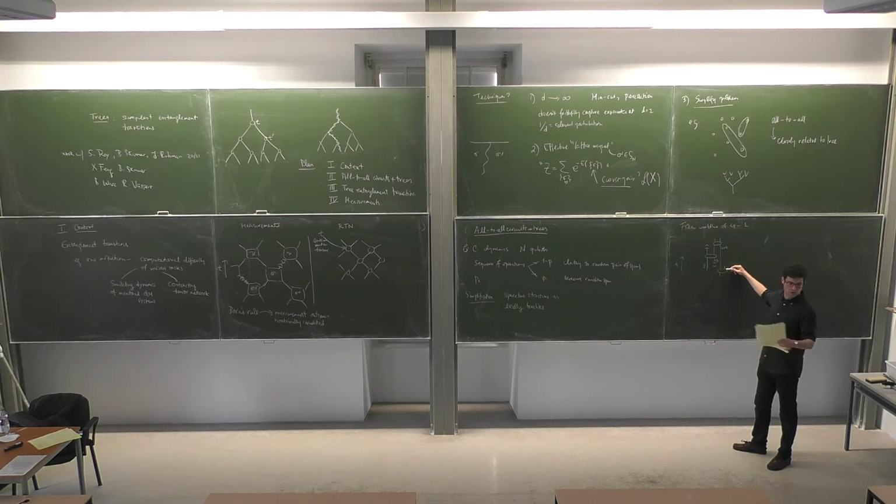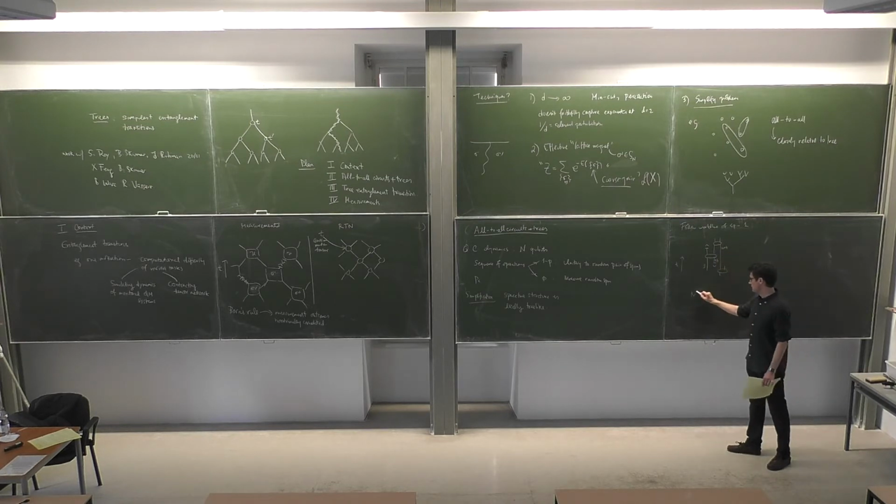Well, they have of order n choices, and n is large, so it's very unlikely that this interaction is with spin 1 again. So the probability of forming some finite loop is of order 1 over n. So when n goes to infinity, there are no finite loops.